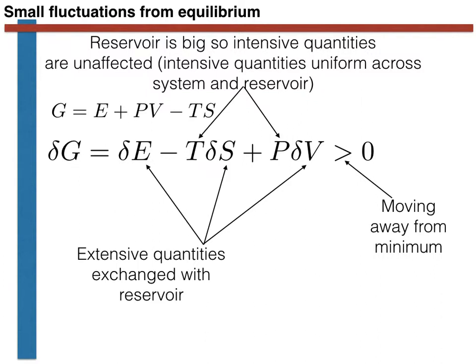Notice that in writing this expression, we have exploited the properties of reservoirs that were discussed in the video where I introduced the thermodynamic potentials. In particular, I have used the fact that the reservoir is so large that the values of the intensive quantities are unaffected if the system exchanges entropy, energy, or volume with its surroundings.